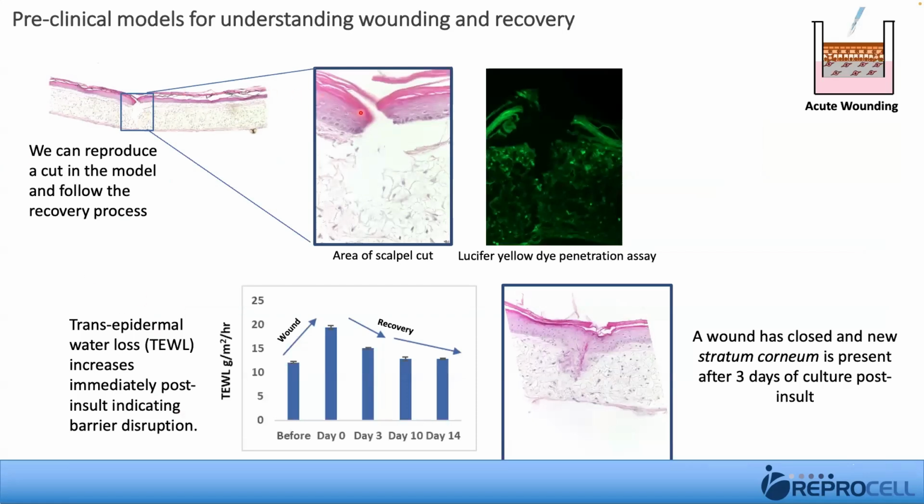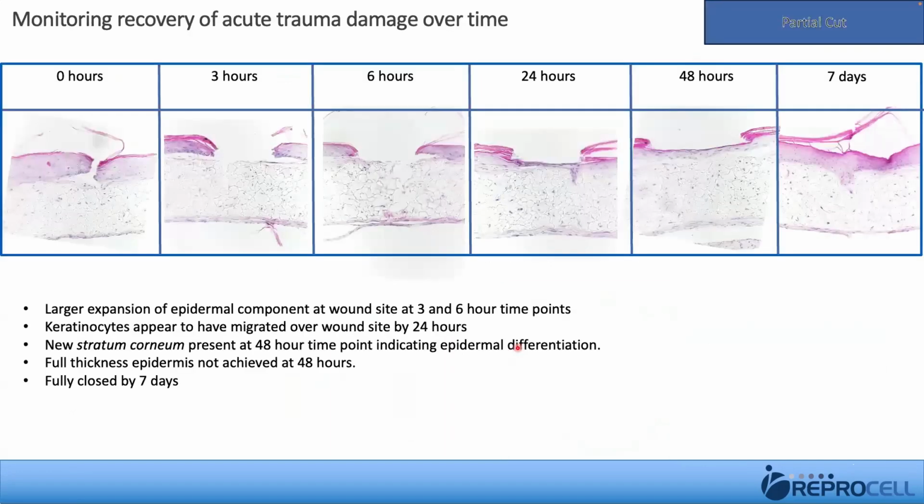Break in the epidermis, and we see then this is an example of how the barrier has been penetrated. So this is a Lucifer dye penetrating now into the tissue underneath. The TEWL increases and then recovers as the model then heals over time. And you can follow this. This is a partial cut over 7 days.